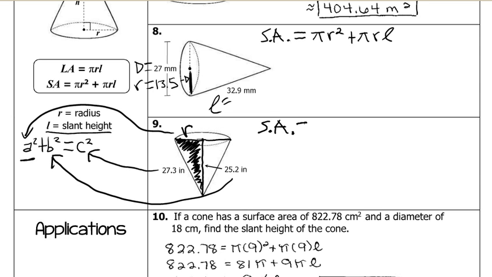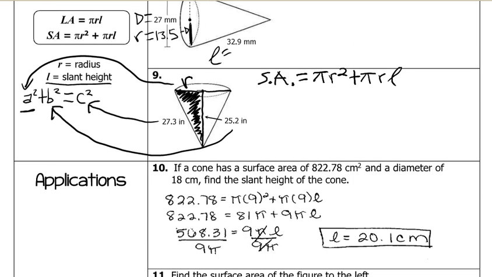And then it's equal to, again, pi r squared plus pi rl. And again, my slant height is going to be 27.3. Okay. Now, number 10. That's how you do 10.